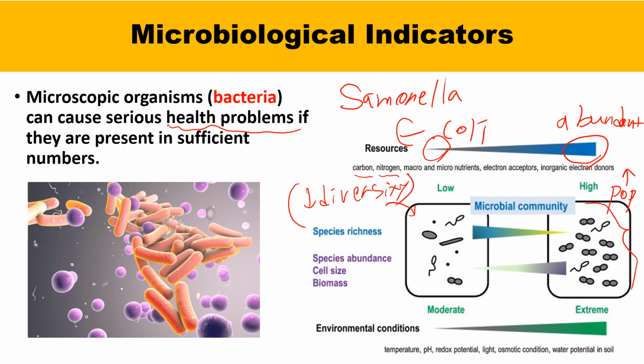Sometimes a group of scientists needs to take multiple samples from different locations of the lake, river, or whatever water source you can think of, and undergo statistical analysis, because it's impossible for us to look at the whole area of the water body. So we need to rely on small sampling and identify, using population dynamics, whether it is highly diverse or low diversity. An environmental condition can get extremely dangerous when we have more of a population of bacteria.